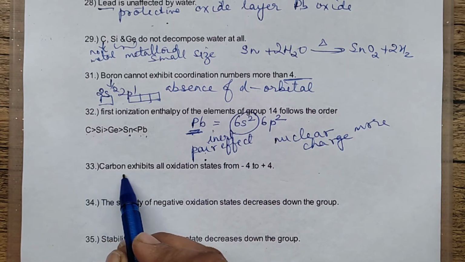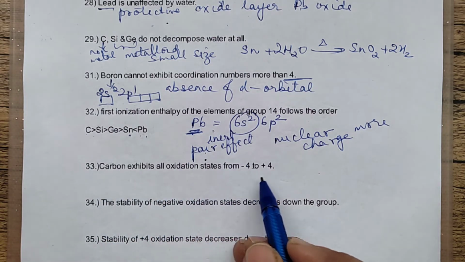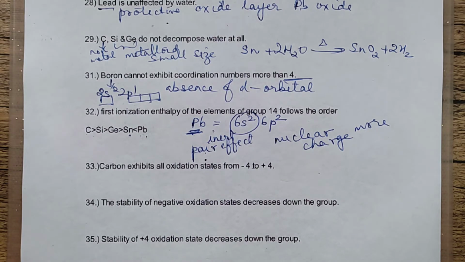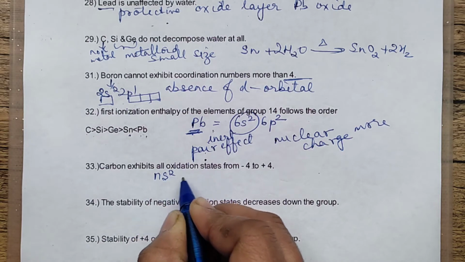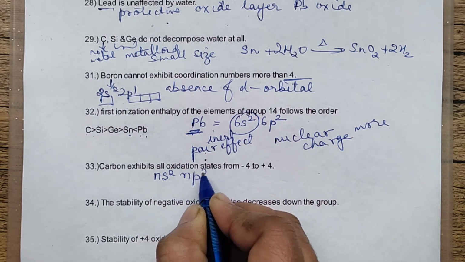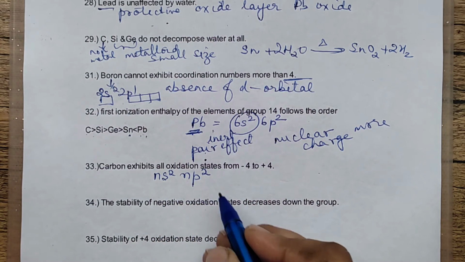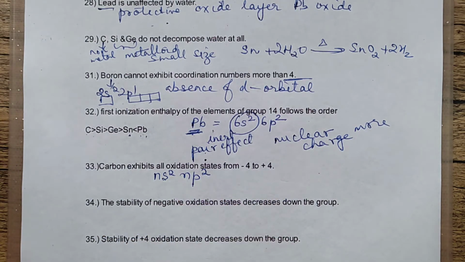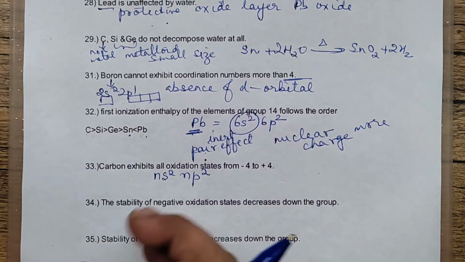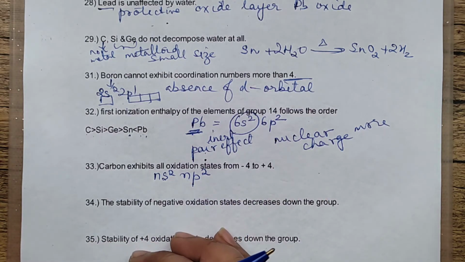Right. So carbon exhibits all oxidation states from -4 to +4. First of all, for 14th group elements, the configuration is ns2 np2. So it is having 4 electrons in the valence shell. So it's on the borderline. It can take 4 to acquire octet. It can allow these 4 to participate to have +4 oxidation state.